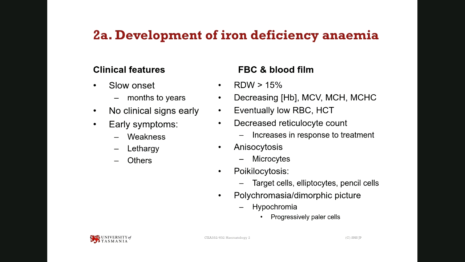So if you're using it to tell me that some of the cells are hypochromic and some of them are normochromic, it's probably better to use those terms and keep polychromasia for when we've got an increase in the retics. Okay, so if you think you've got some hypochromic cells and some normochromic cells, use those two terms. Keep this term for when there is an increase in polychromatic cells within the blood film, because of course we can't actually see retics in a blood film, can we? We can only see retics if we use a supravital stain. We see polychromasia in a blood film.